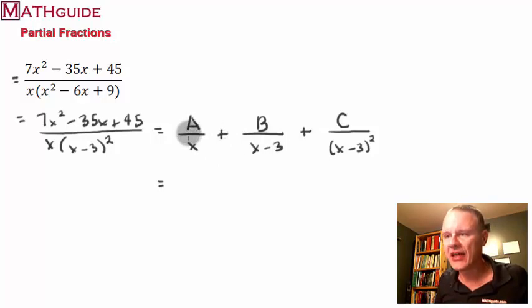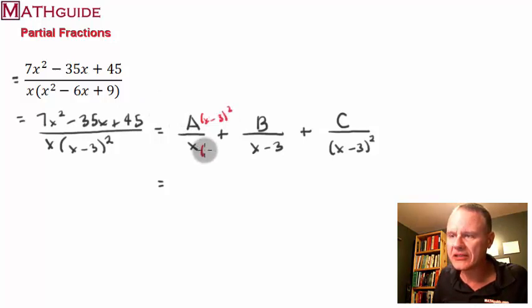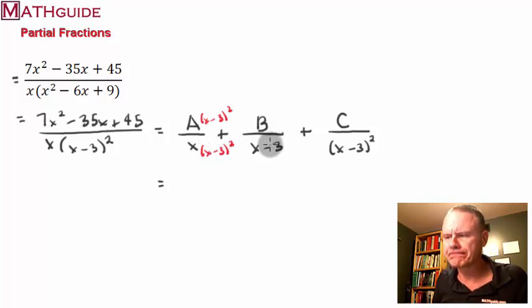So you could see that this denominator is missing the x minus 3 quantity squared. So I'm going to have to multiply x minus 3 quantity squared, top and bottom. This one's just missing, well, let's see, it's missing a factor of the x, and it's missing a factor of x minus 3.